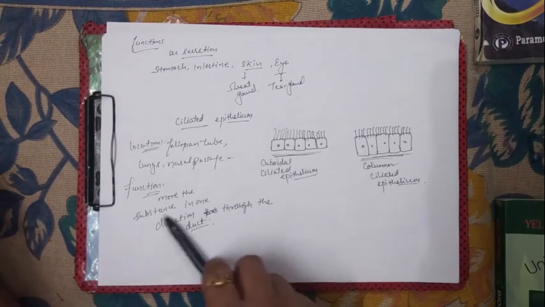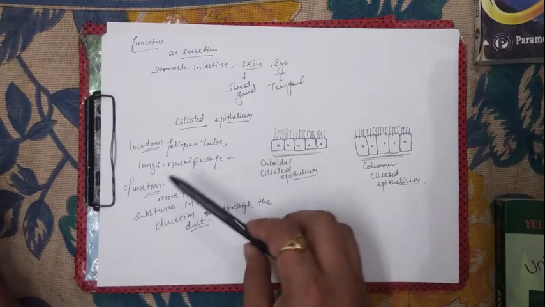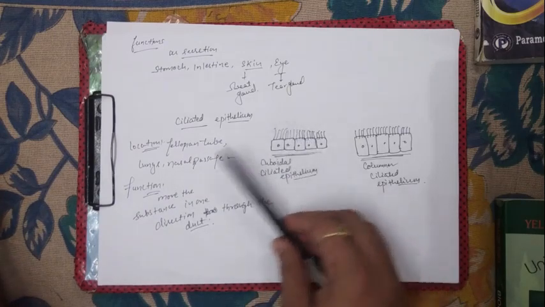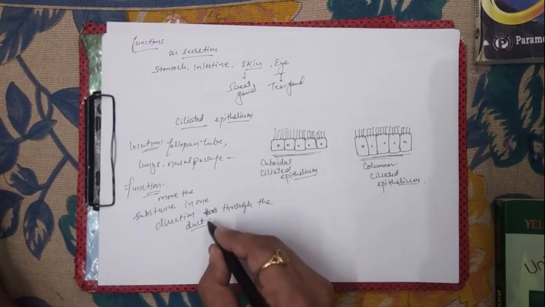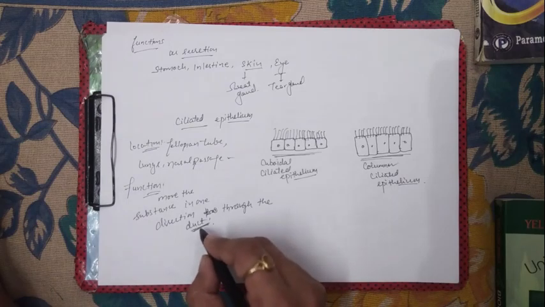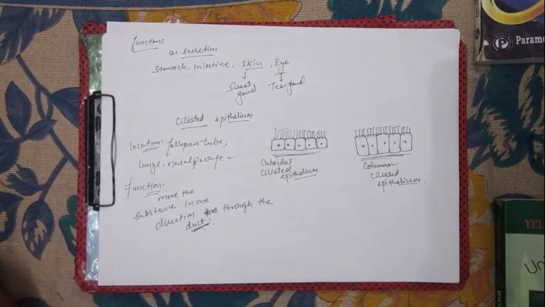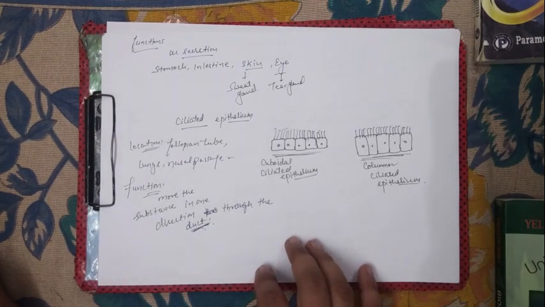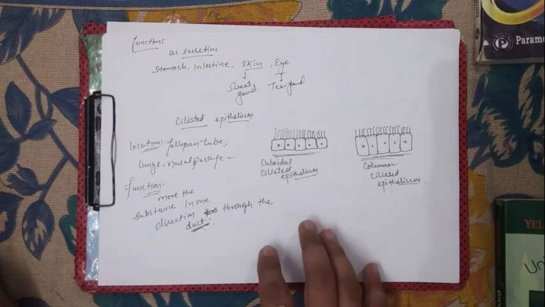So they help to move substances from one place to another in a duct, a pipe-like structure in our body. Here epithelial tissues are done. In our next video we will talk about muscular tissues.